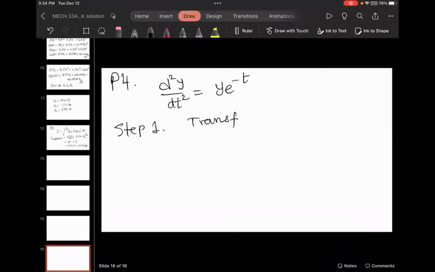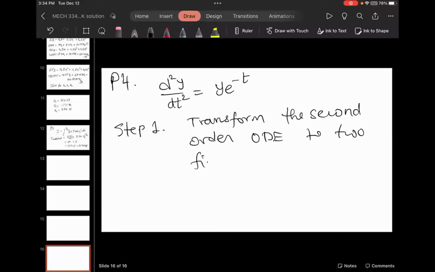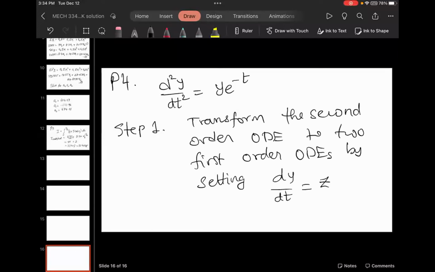Transform the second order ODE to 2 first order ODEs by setting dy over dt equal to z.